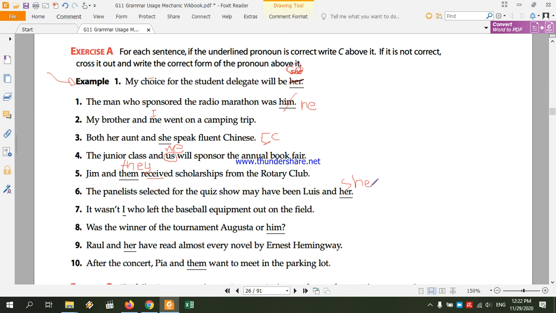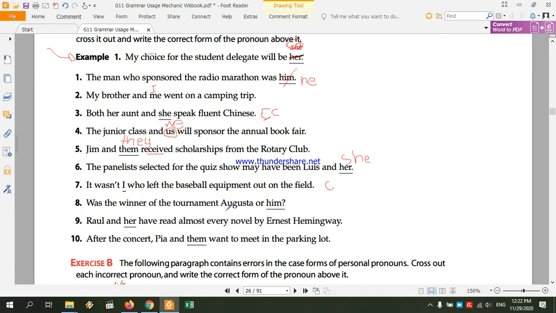It wasn't I who left the baseball equipment out on the field. This is actually correct. Was the winner of the tournament Augusta or he? Raoul and her have read almost every novel by Ernest Hemingway.